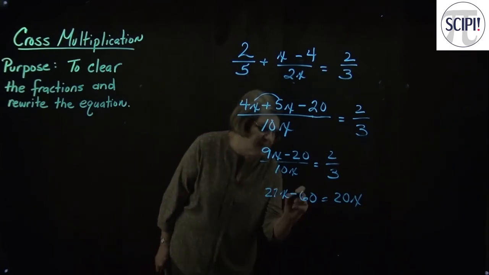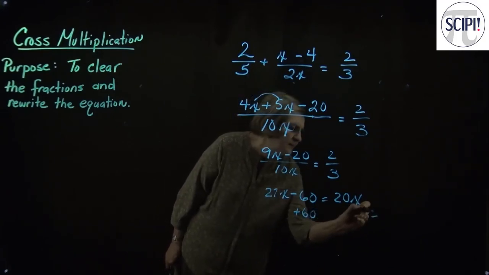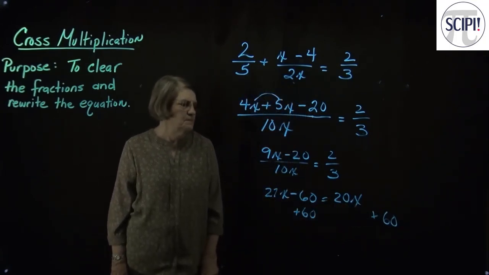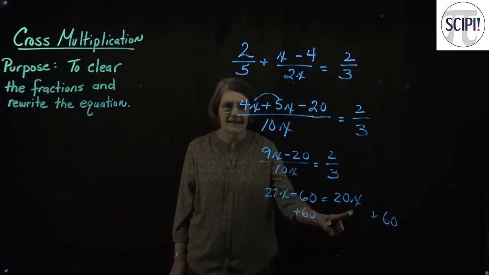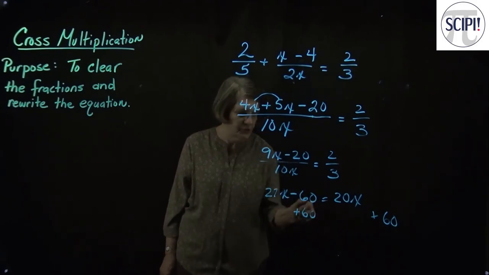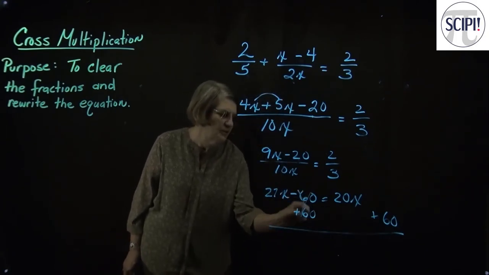All right, very good. So, what am I going to do now? Okay, you want to take the 60. What's the opposite of subtracting 60? Correct. Now, why didn't I put it under there? Someone know? That's right. This has a variable, and this is just a number. So we can't add variables and numbers together. So, does this equal 0? Very good.